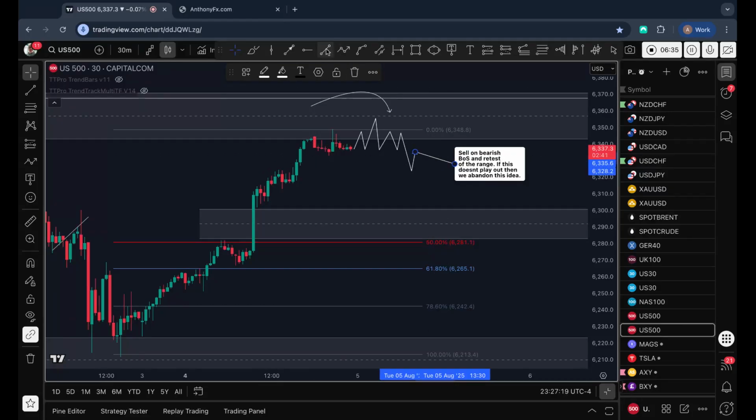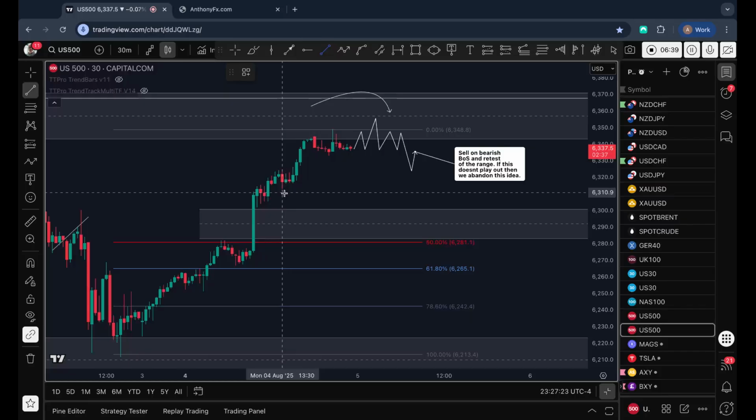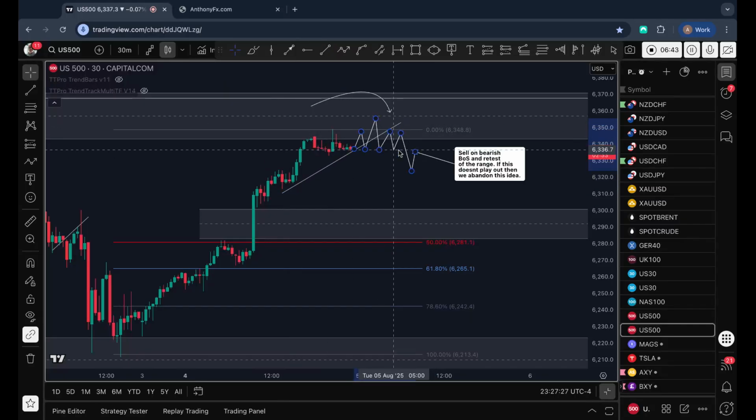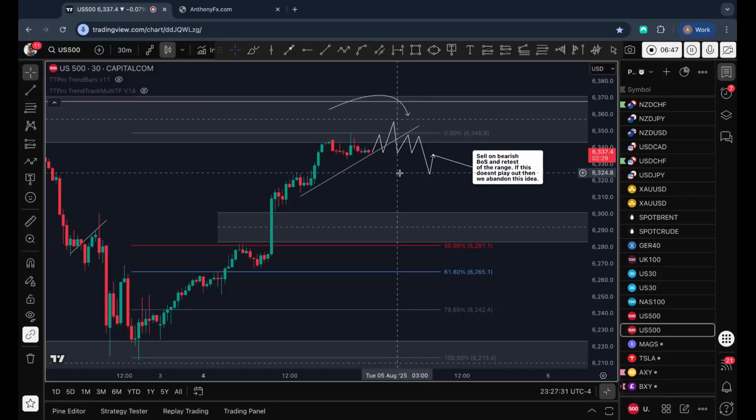What I'm looking for is that basically to break structure. And then we get that. That's what I'm looking for. And then my target would be this level down in here. So there's a target.